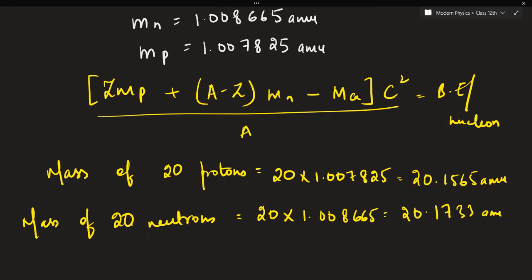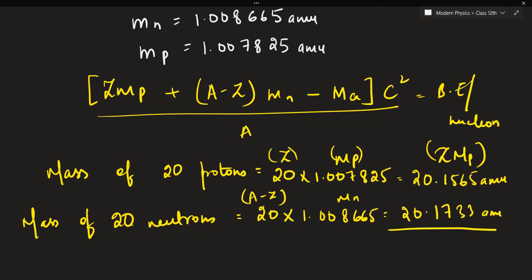So this entire term is Z into Mp, and this is A minus Z into Mn. Till here we have solved. So add it, and what are you getting? If you add it, you will get 40.3298 amu.